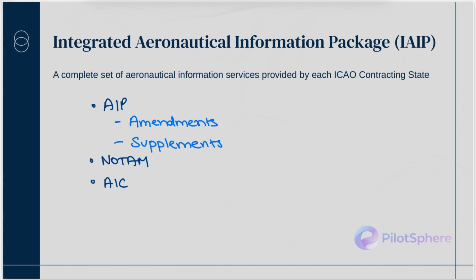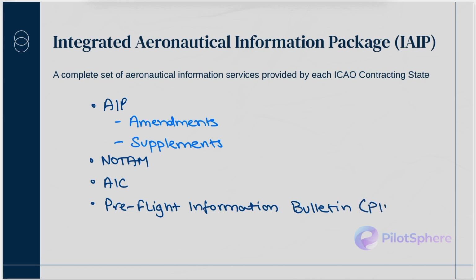We also are going to look at something next, which is the pre-flight information bulletin, or PIB. I will cover this next. And we saw checklists and summaries.